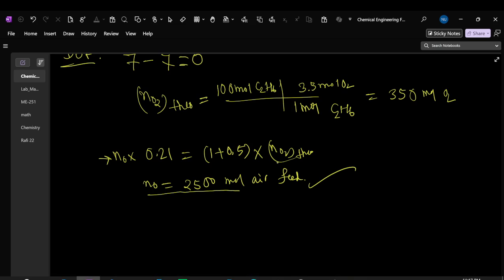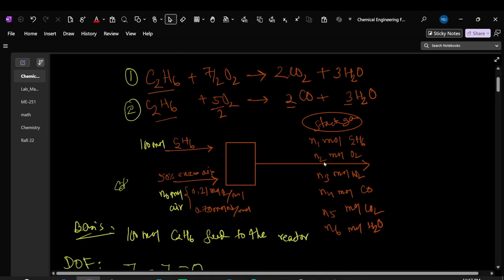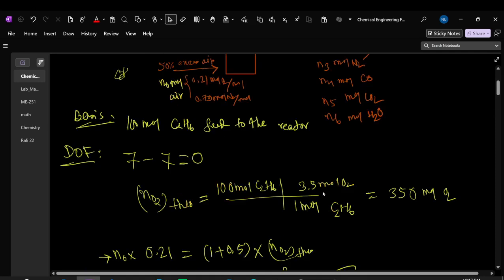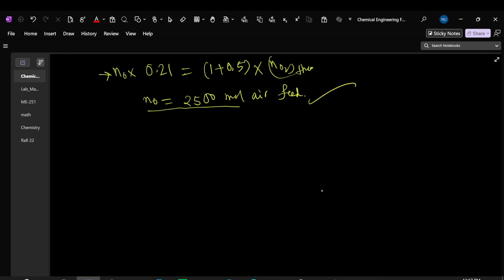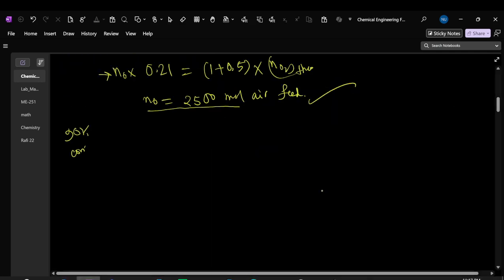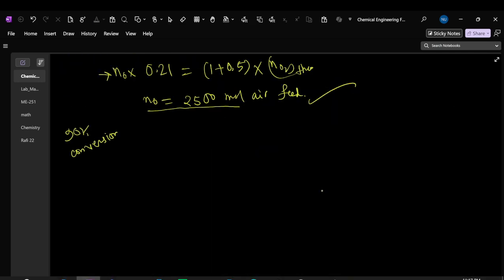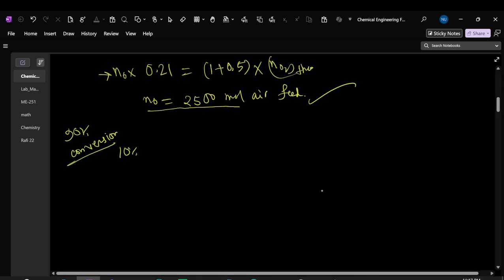So we also use the first extra information, and then the second extra information is 90% ethane conversion, which means 90% of ethane is reacted and 10% is unreacted. In this flow chart, the unreacted ethane is n1 mole, so 90% conversion means 10% unreacted.